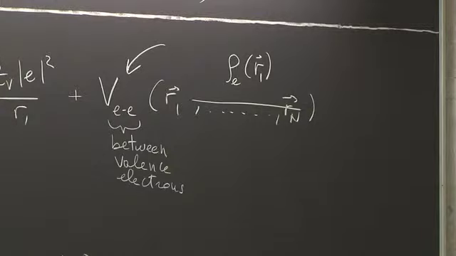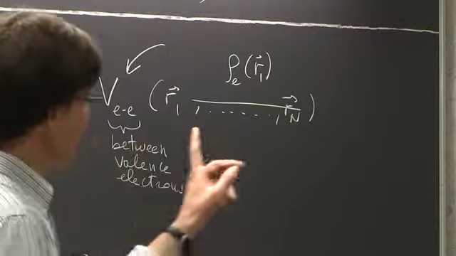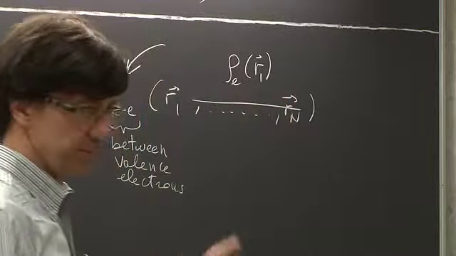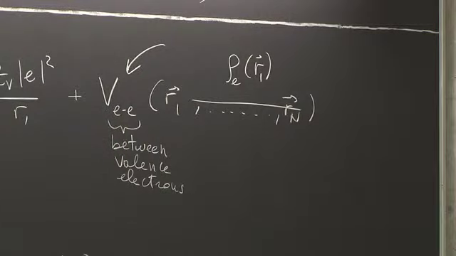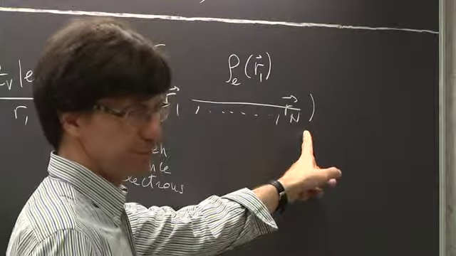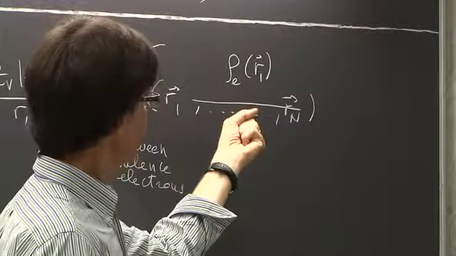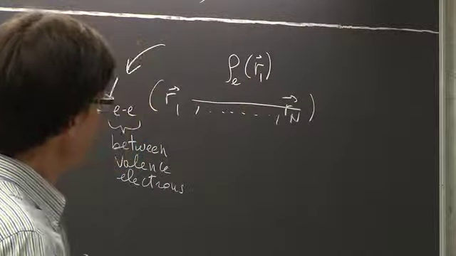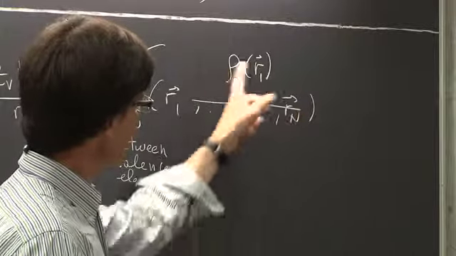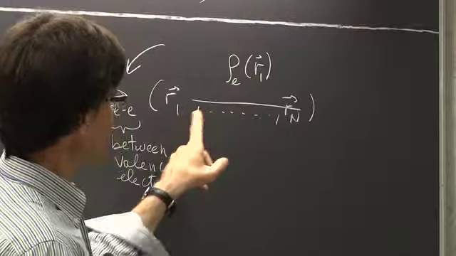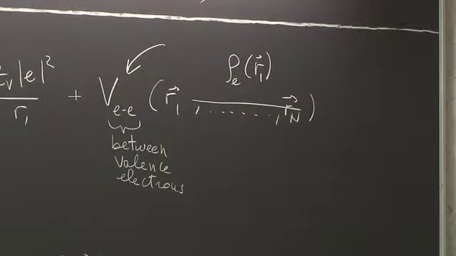So in other words, you can express exactly this potential, which is in principle a function of all the other electrons, in an effective way by replacing all the other positions with the electronic density at the point where your particle is.